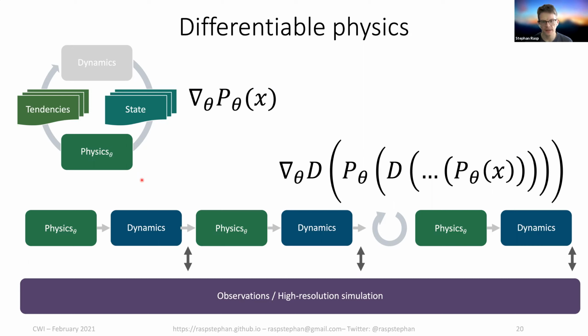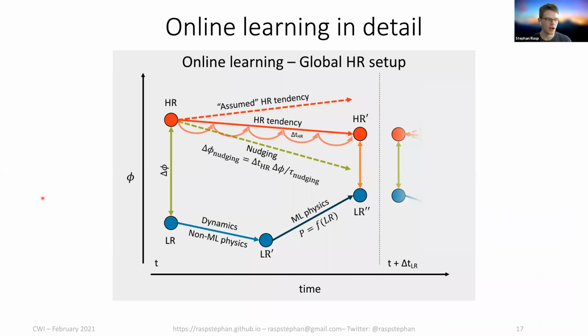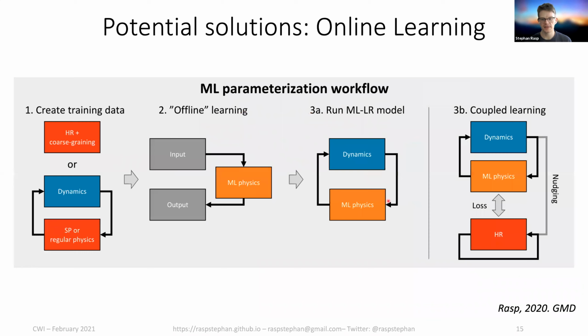Then for the second part of the question, no, online learning does not solve the problem of running the expensive simulation. But the idea is that you run the expensive simulation for a short time. To create a training data set, you run a short-term high resolution simulation. Here also, in the end, let's say we want to create a 100-year climate simulation, you would do this coupled learning, hopefully for not that long.